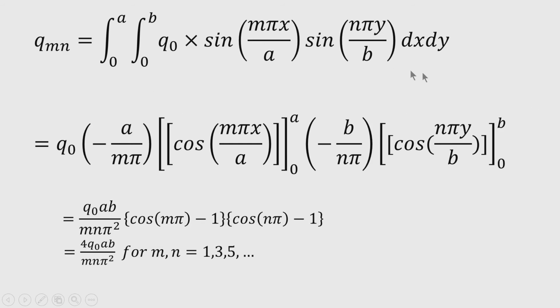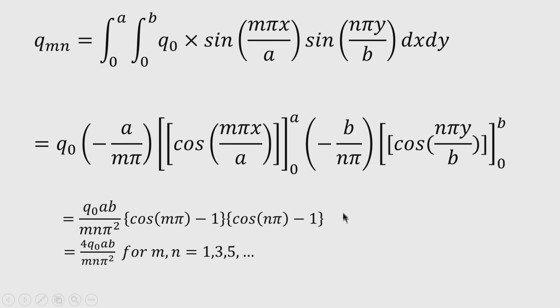So, when we evaluate this quantity now, we get q naught a b by m n pi square, this m n is coming here, pi square is coming, and a b is there, and minus minus again plus sign will be there. Okay. And due to substitution of this upper limit and lower limit, you will now get cos m pi minus 1 and cos n pi minus 1.